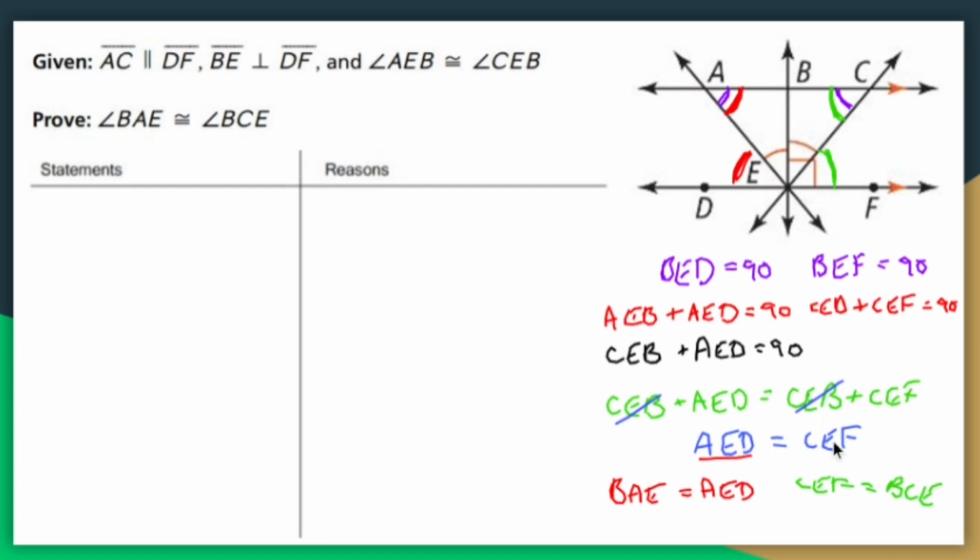So since AED is CEF, I can write BAE instead of AED, and instead of CEF, I can write BCE, and that's what I want to do.